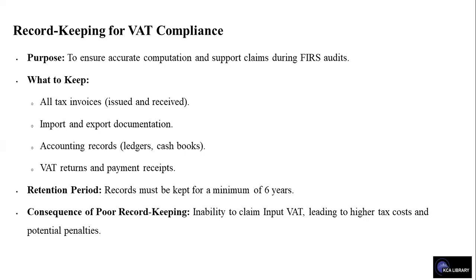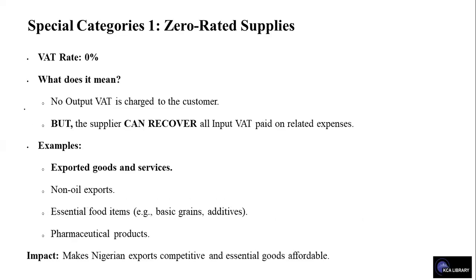And lastly, the VAT returns and payment receipts. For the retention period, records must be kept for a minimum of 6 years. The consequences of poor record keeping are an inability to claim input VAT, leading to a higher tax cost, and potential penalty.